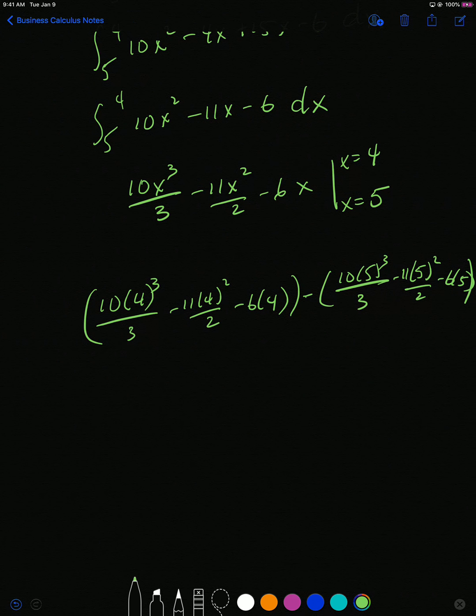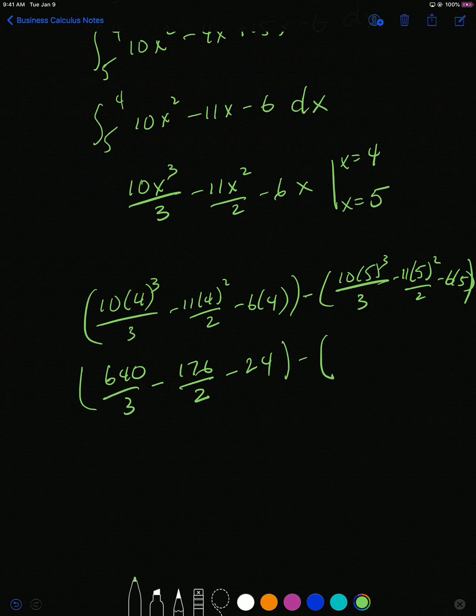Well, 4 to the third power is 64, I believe. 4 times 4 is 16. 16 times 4 is 64. So that's 640 over 3 minus 16 times 11, 176 over 2, minus 6 fours is 24.